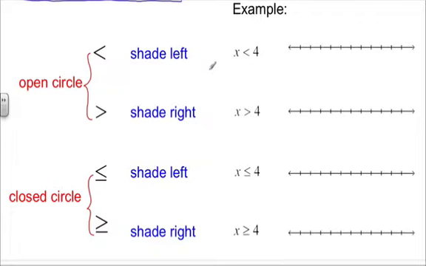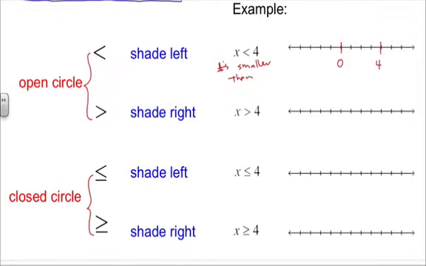Now, this might be slightly different if your variable is on the right side of the inequality, but we'll talk about that in just a minute. So let's go over these examples. If I want to graph x is less than 4, remember this is talking about numbers smaller than 4. The first thing I'm going to do is use an open circle, and we have to figure out where 4 is. I like to figure out here's 0, and then you can plot 1, 2, 3, 4 would be right here.